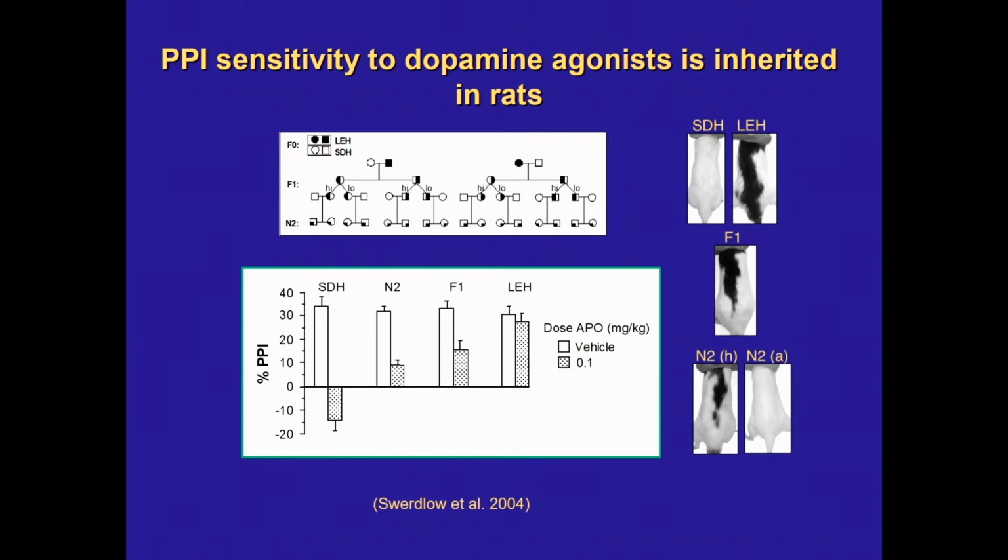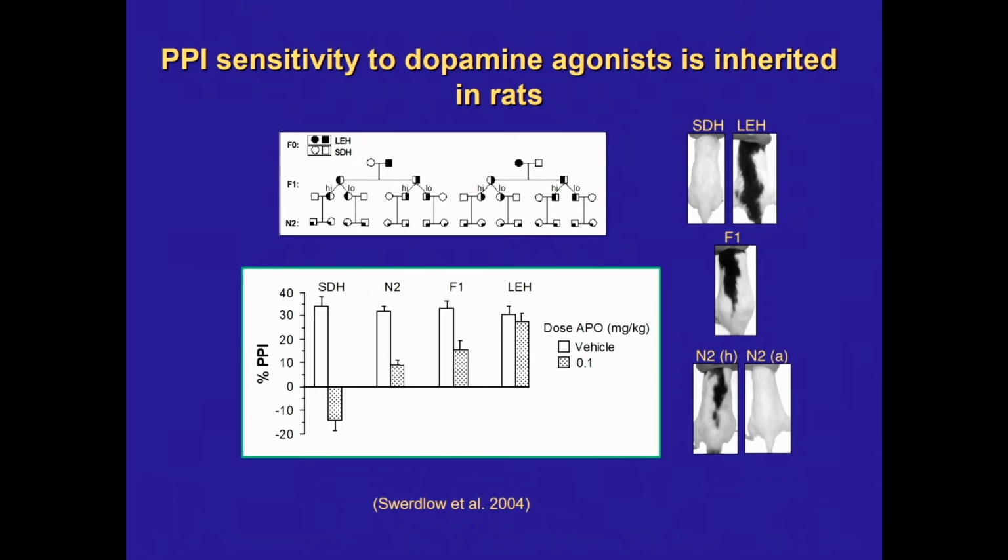Along the way, we found a number of other interesting things, one of which is that the sensitivity to dopamine within the system is easily heritable within rats. This is work that Paul Schilling helped us do, that we could breed it in and out. Here are the albino Sprague-Dawleys, showing a tremendous sensitivity to a very low dose of apomorphine disrupting gating. These hooded Long Evans animals are very insensitive.